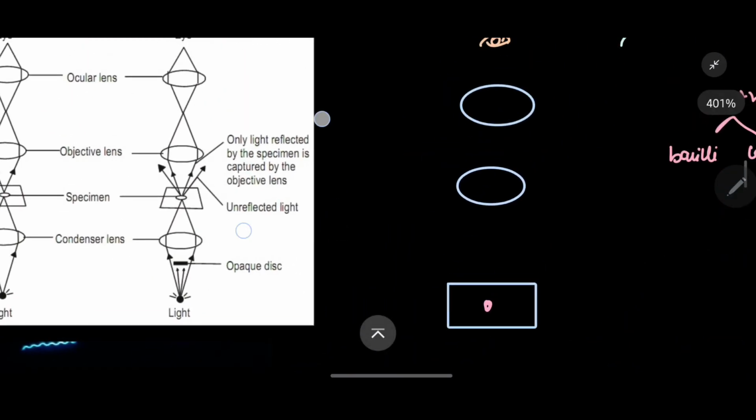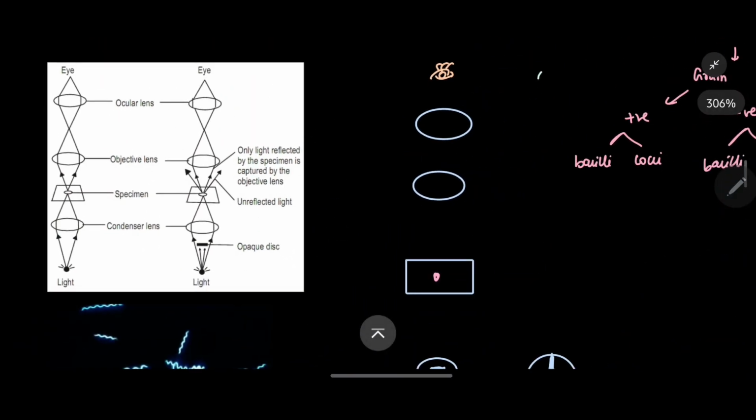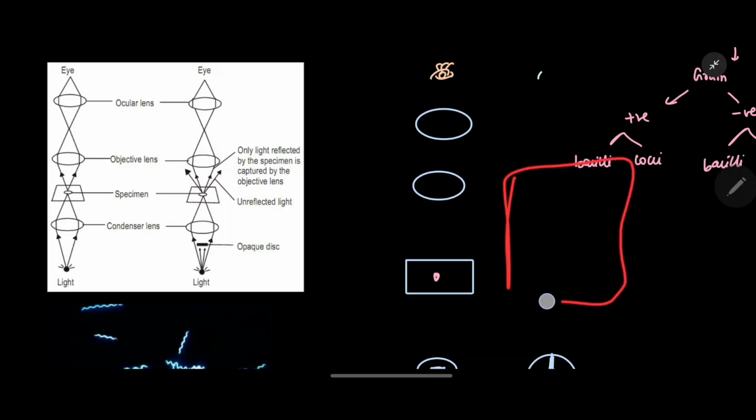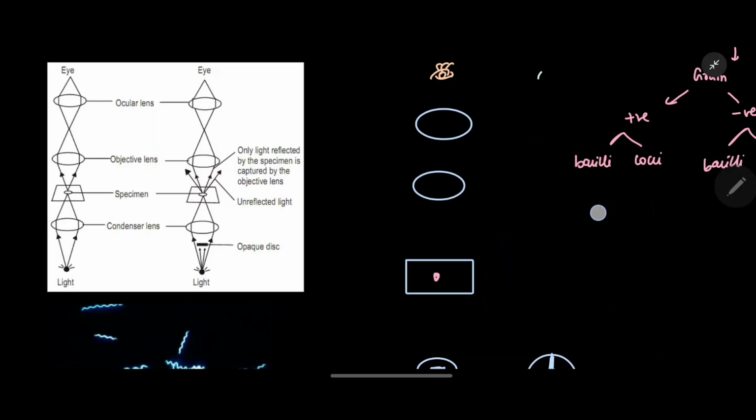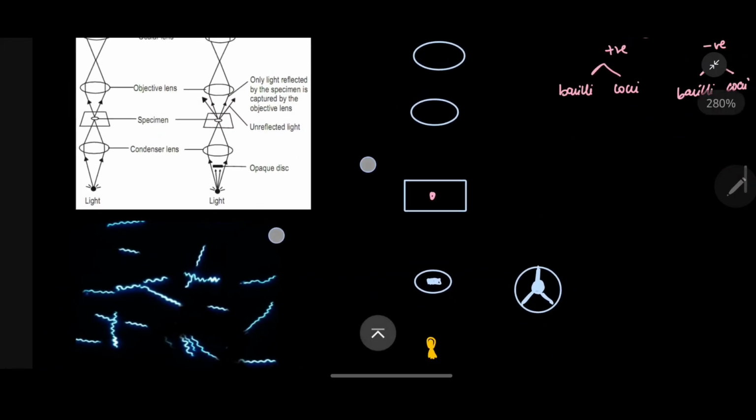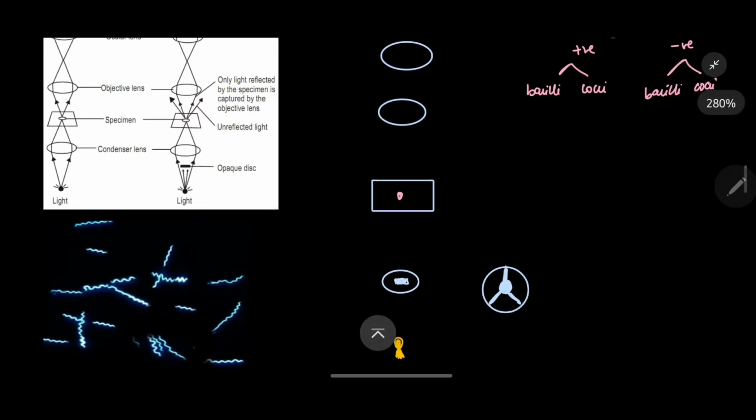The analogy for dark field microscopy is, let's say you are in a dark room, everything is black. But let's say there are small dust particles in the air. These dust particles are not stained, they are moving, very small, very slender. When light hits them, you see them as bright little dots. That is what happens in dark field microscopy as well.